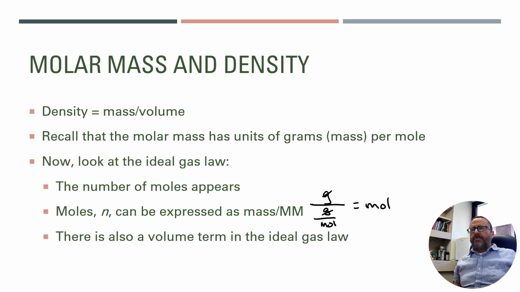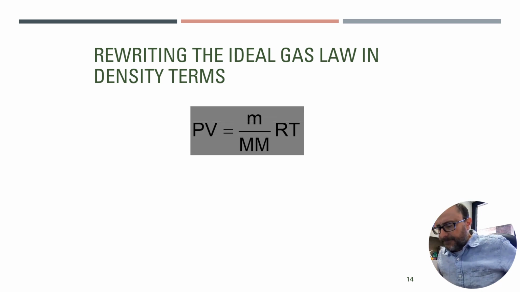And there's also a volume in our ideal gas law, if we notice that. So what we can do then is rearrange some things, and we can take PV equals nRT, and I've taken my n and turned it into mass divided by the molar mass.